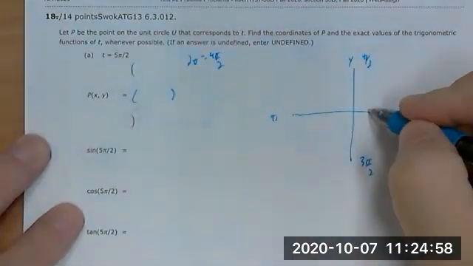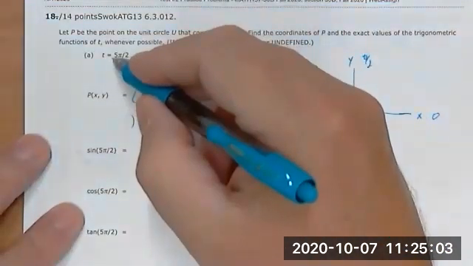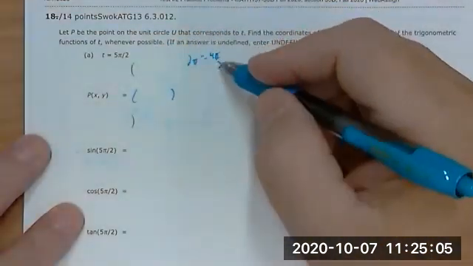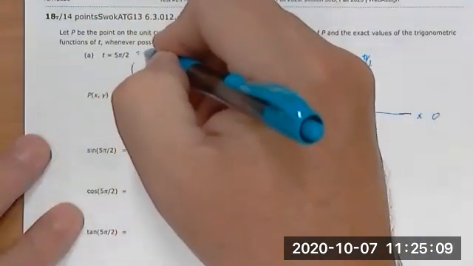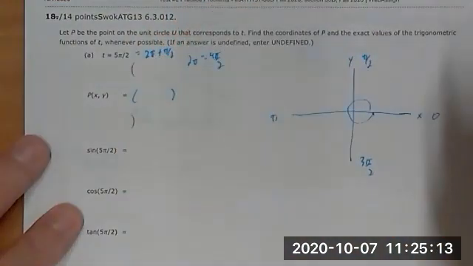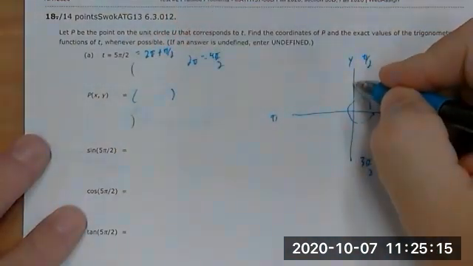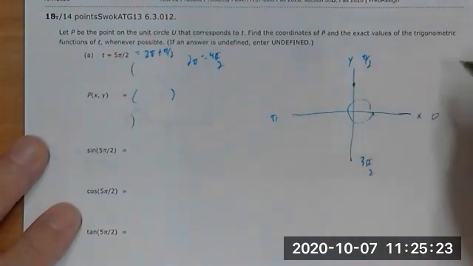So 4 pi over 2 is actually one trip around the unit circle, but I'm at 5 pi over 2, right? So really 5 pi over 2 is 2 pi plus pi over 2. So I'm really up here at pi over 2. So I have a coterminal angle. 5 pi over 2 and pi over 2 are the same.